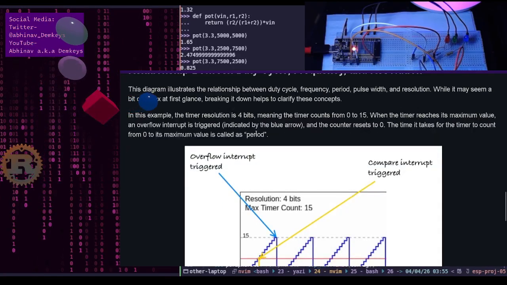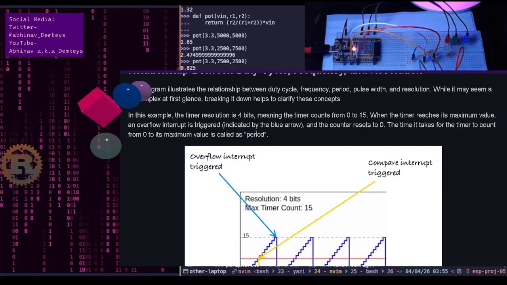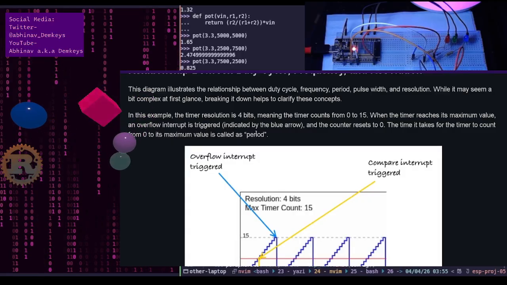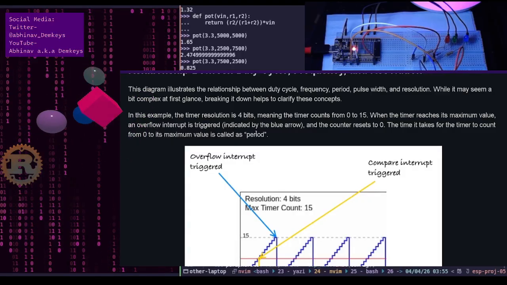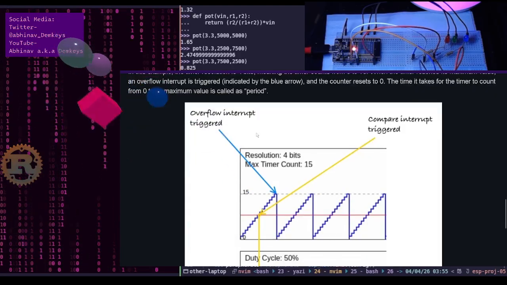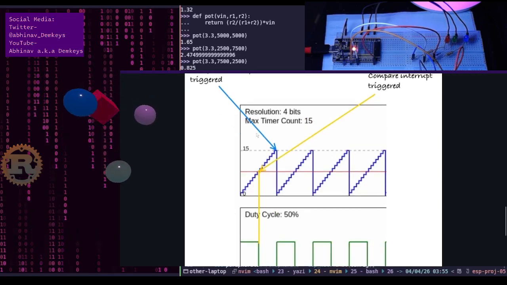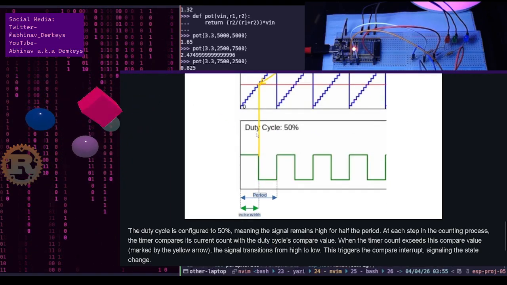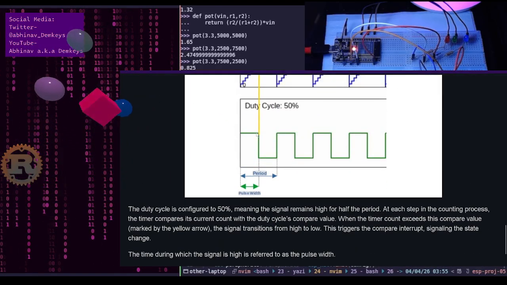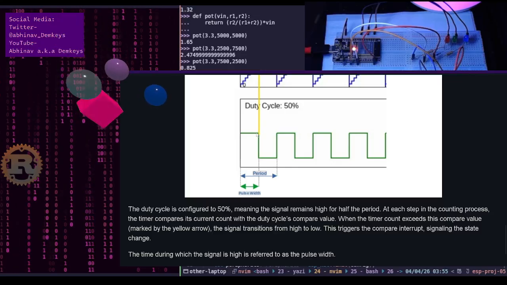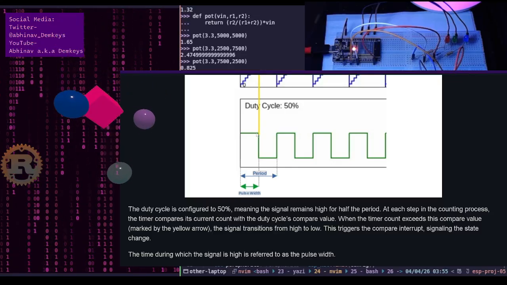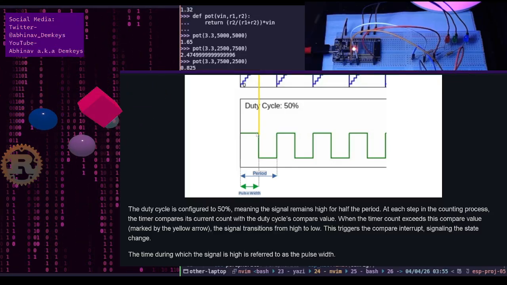And the counter is reset to 0. The time it takes for the timer to count from 0 to its maximum value is called the period. All right, that's our period. The duty cycle is configured to 50%, meaning the signal remains high for half the period.